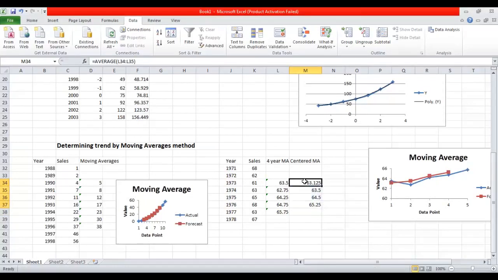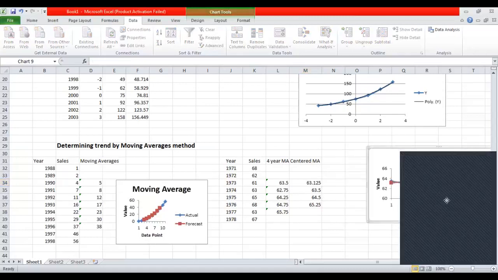So only the centered values are important. We get only the 4 values; the first 2 values and last 2 values will be avoided in the moving averages. That is the main drawback of this moving averages method. And the corresponding trend line also we get here.